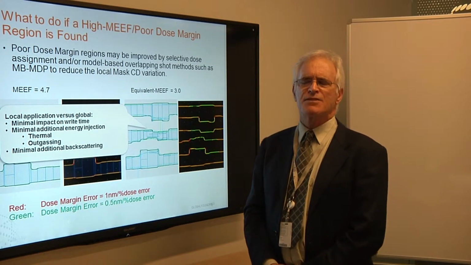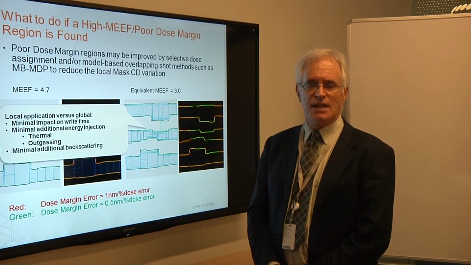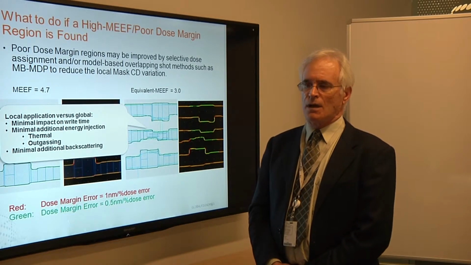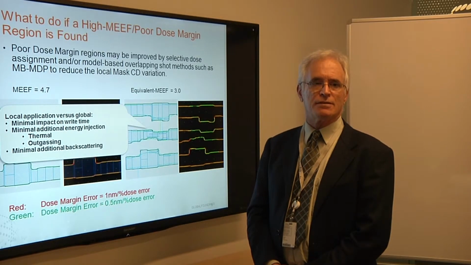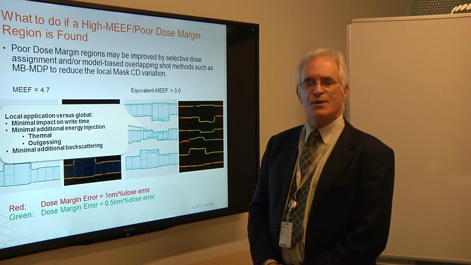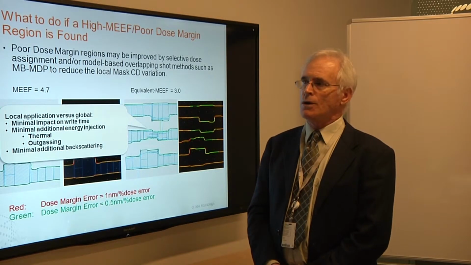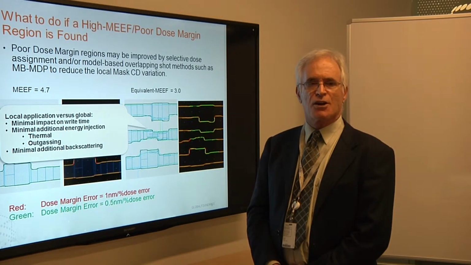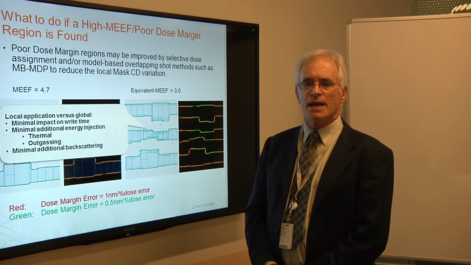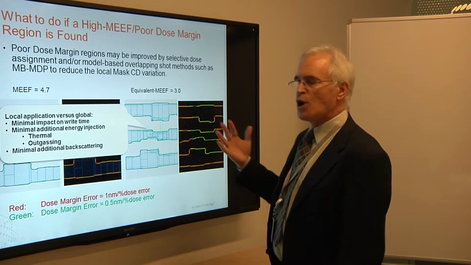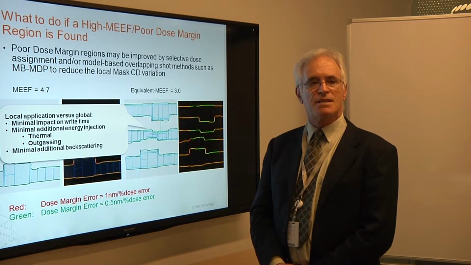I think the industry is moving towards mask process correction and mask process enhancement. So mask process correction refers to doing essentially an OPC-like function over the whole mask to correct for E-beam proximity effects. In this case, this may be a component of or an addition to an MPC approach.